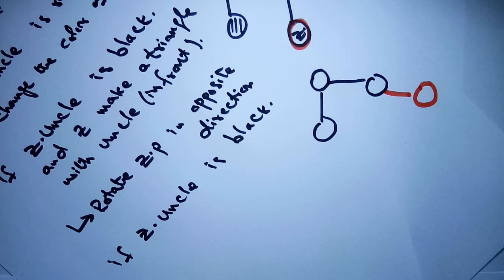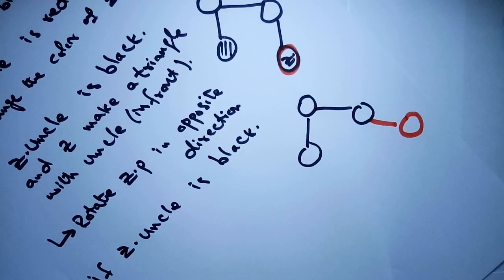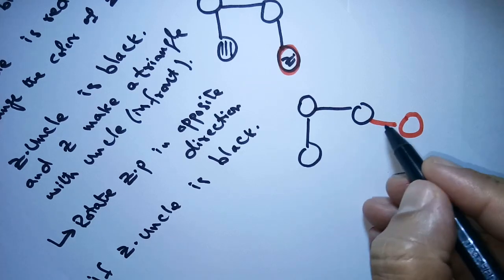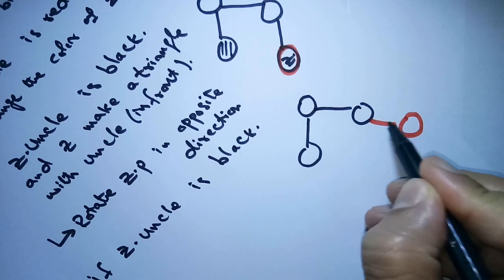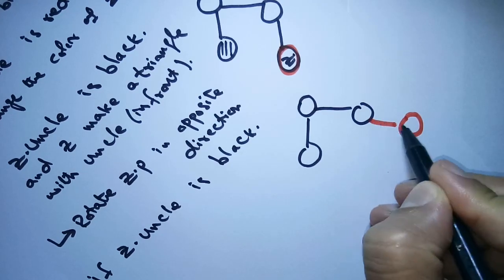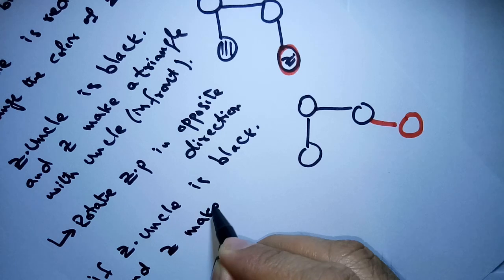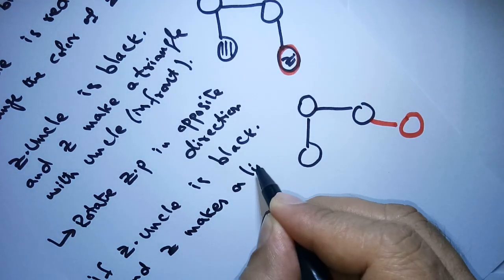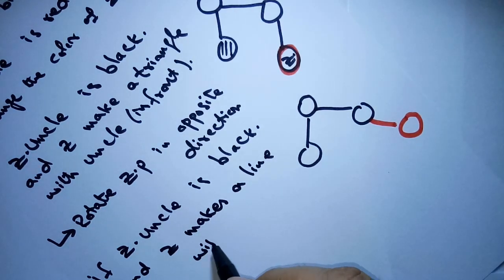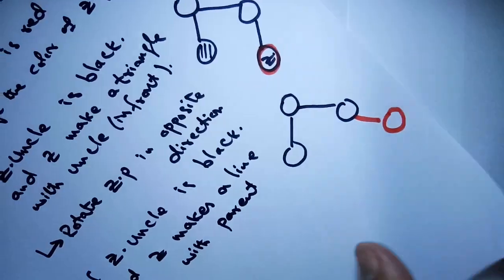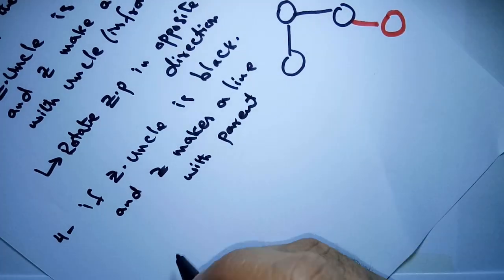It means Z is not in front of its uncle, not making any triangle with its uncle, but it is making a line with its parent. Then what you need to do? You need to do two things.